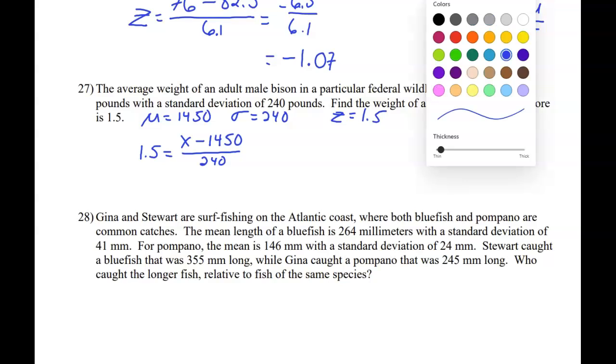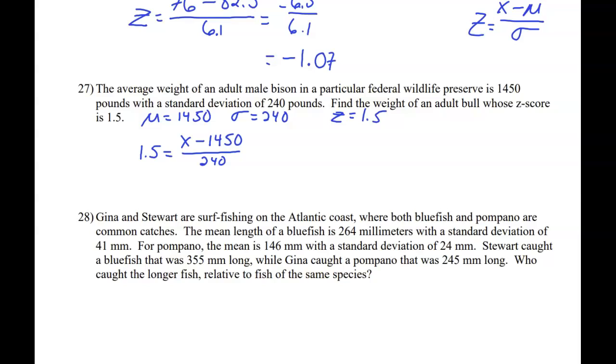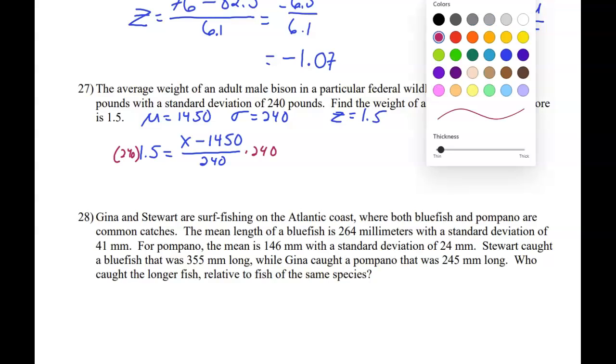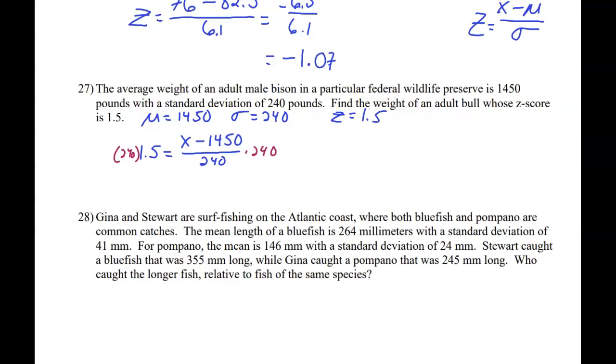In order to find their weight, I need to get rid of the denominator. So I'm going to multiply both sides by 240. So 1.5 times 240 gives me 360, which is equal to x minus 1,450.